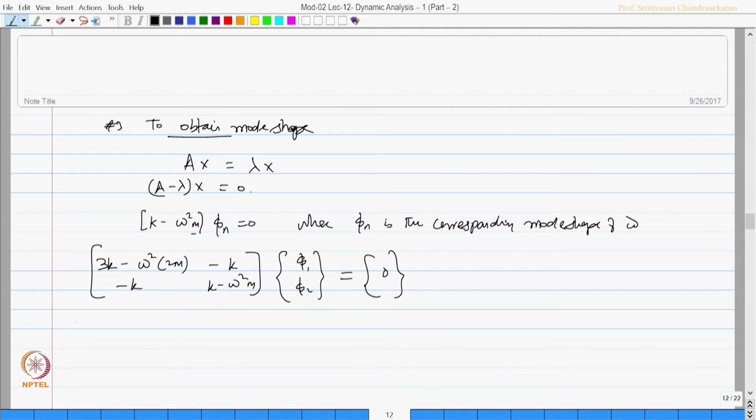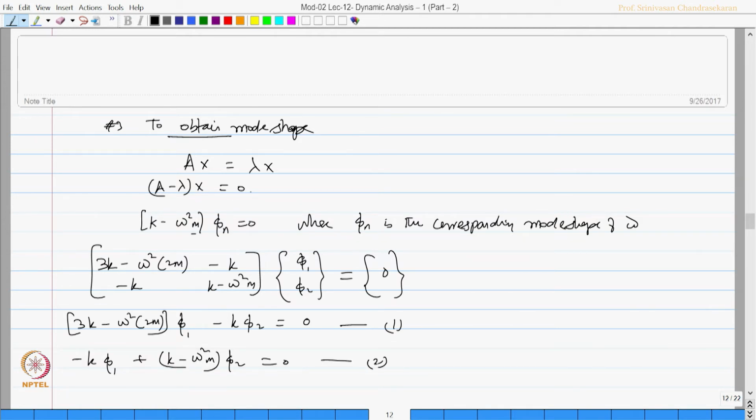That is (3k minus omega square 2m) phi 1 minus k phi 2 is 0. That is the first equation I get. Minus k phi 1 plus (k minus omega square m) phi 2 is 0. That is the second equation I have.